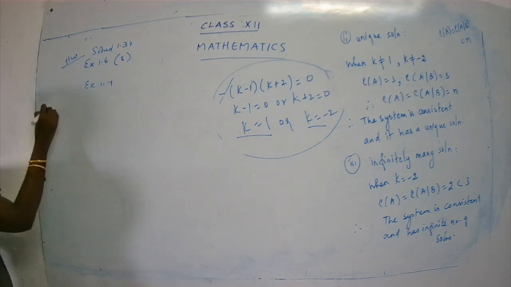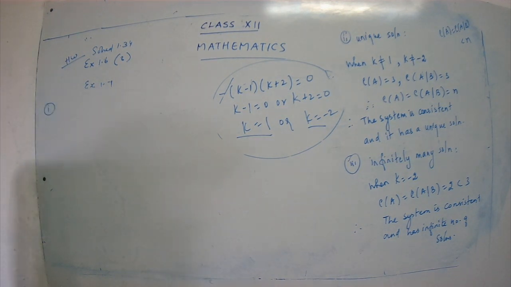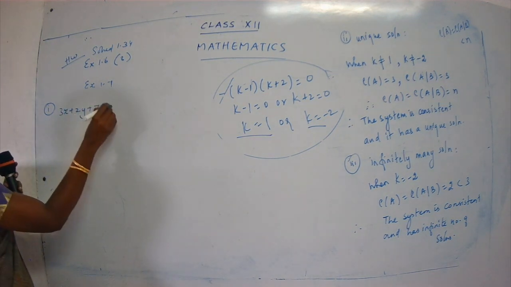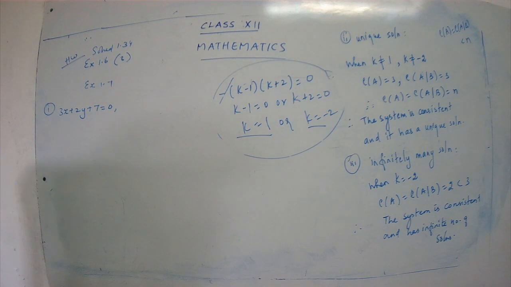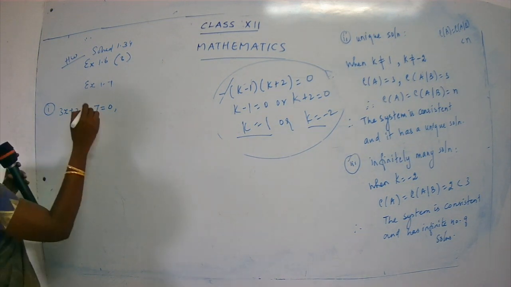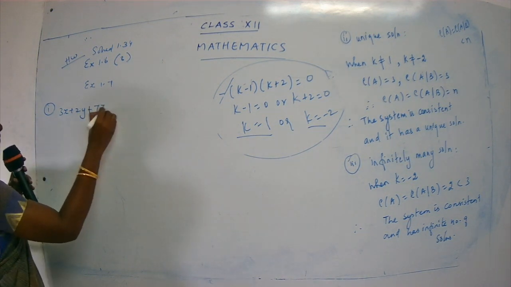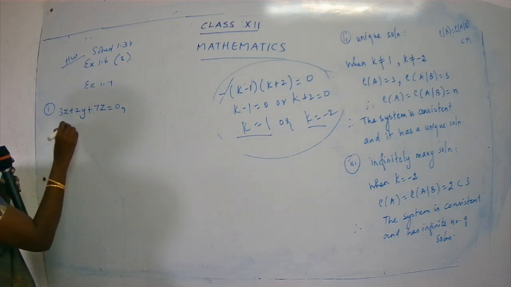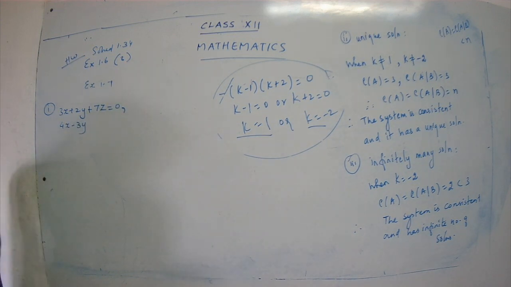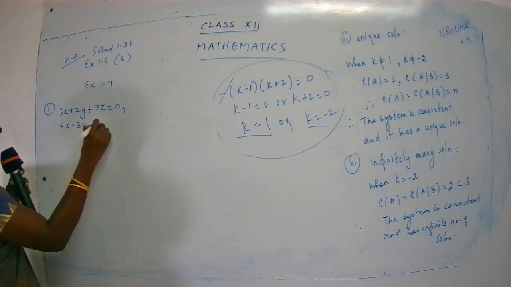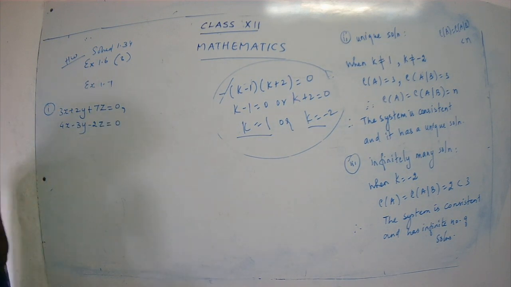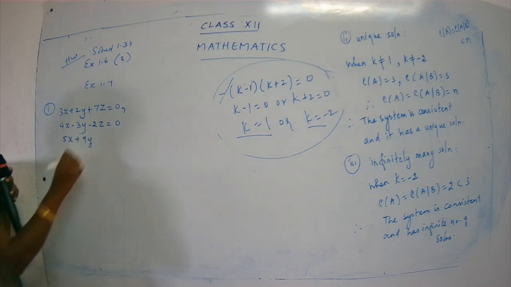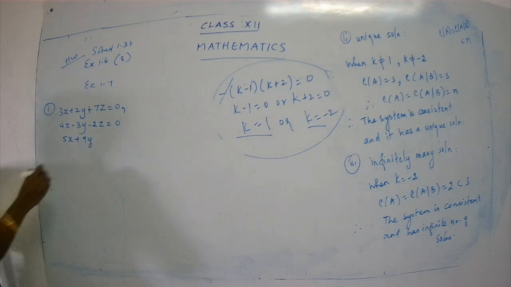Here, first I'll write these equations. 3x plus 2y plus 7z is equal to 0. 4x minus 3y minus 2z is equal to 0. 5x plus 9y plus 23z is equal to 0.